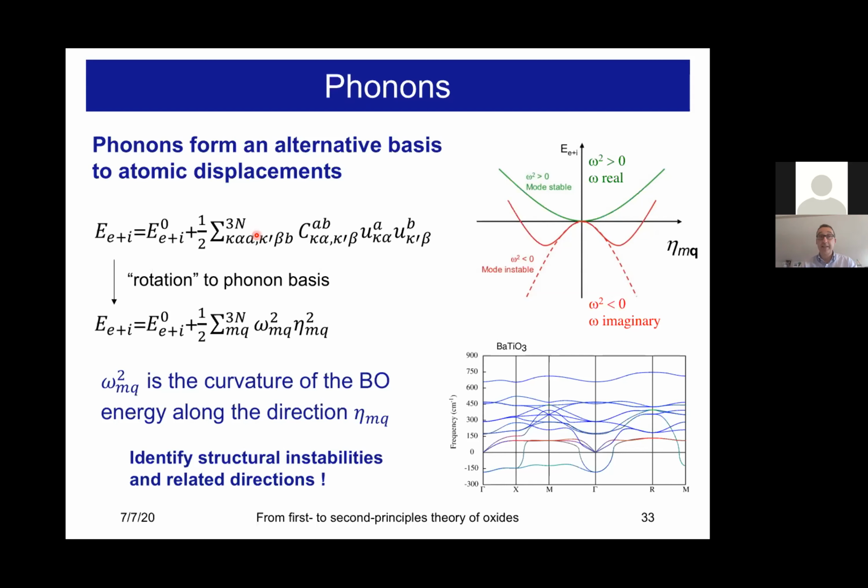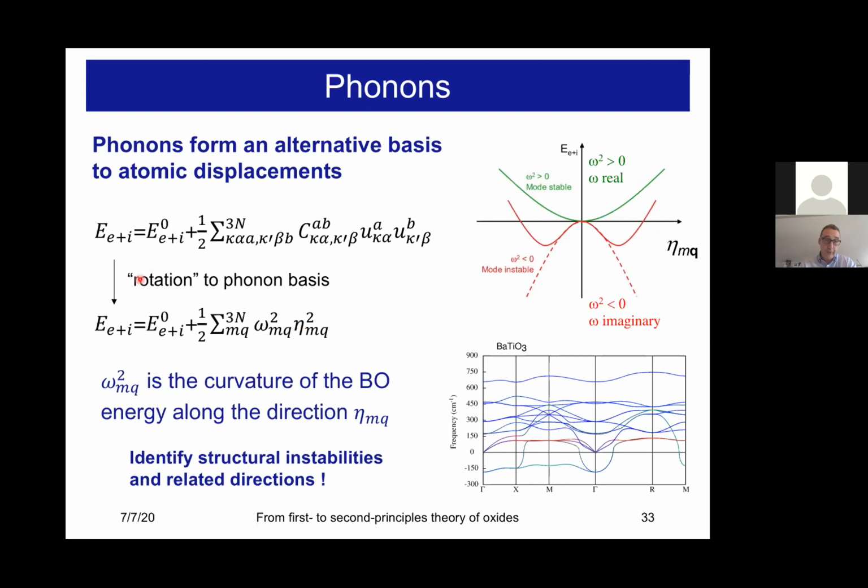So basically, they also form a complete basis for the description of the displacement of your atoms. So you can take your Born-Oppenheimer energy, and instead of expressing it in terms of atomic positions, you can make a rotation to the phonon basis and write it in terms of the amplitude of the distortion of the atoms produced individually by each phonon mode.